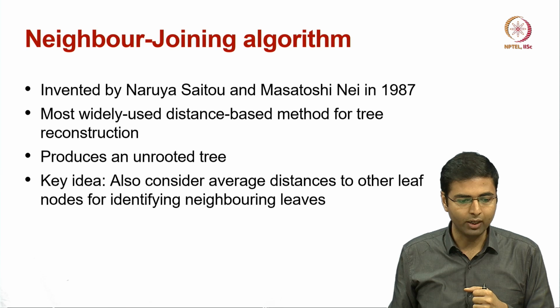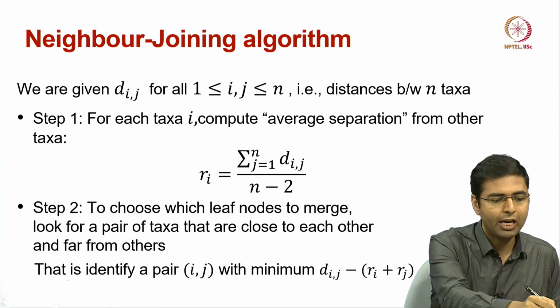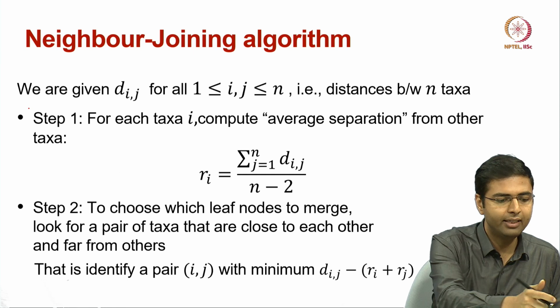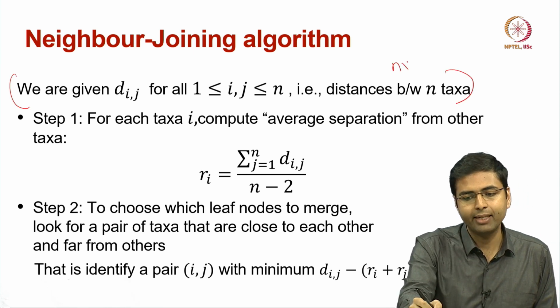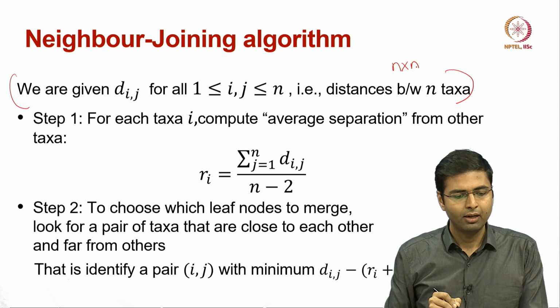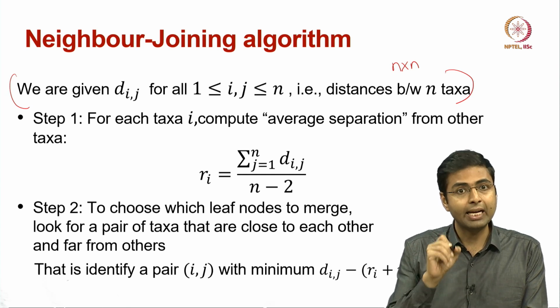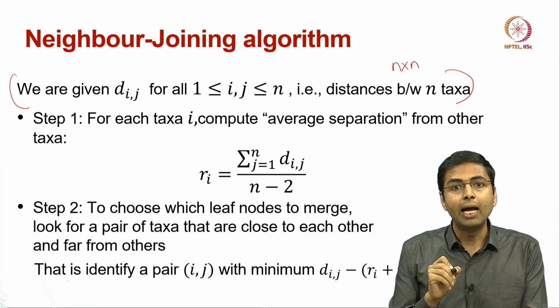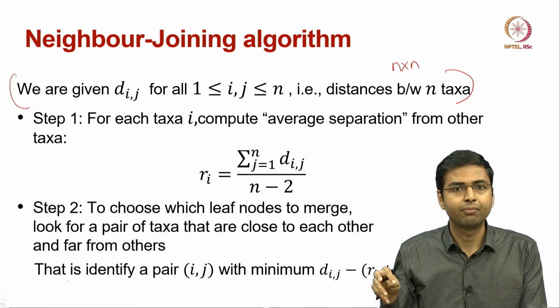Let us see how it works. Again, remember that we are given pairwise distances. So, this information is available to us. This is the n cross n matrix that we are given. Step 1 of this algorithm is, for each taxa i, to compute the average separation from all other taxa.